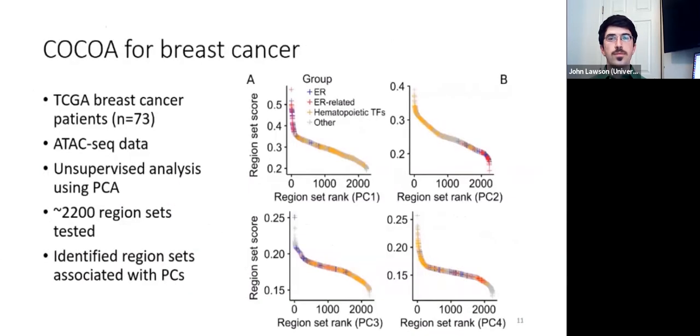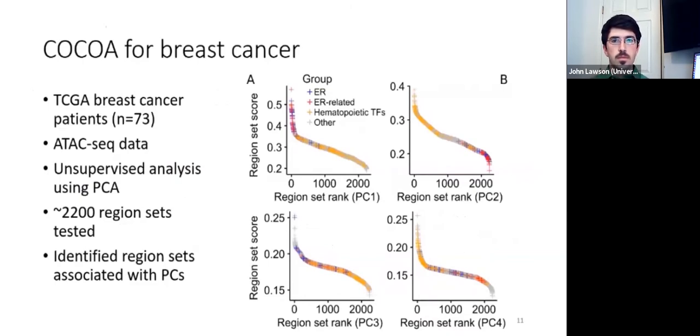And so let me just go through an example of how to apply this, and hopefully it'll make more sense. So we looked at ATAC-seq data for breast cancer patients from the Cancer Genome Atlas. So we have here 73 breast cancer patients, and we're doing an unsupervised analysis using principal component analysis.